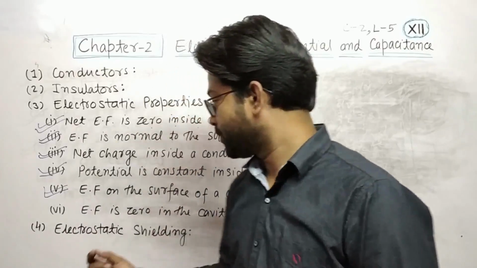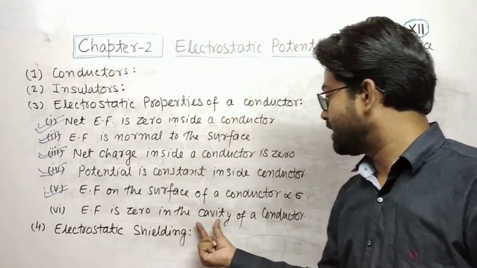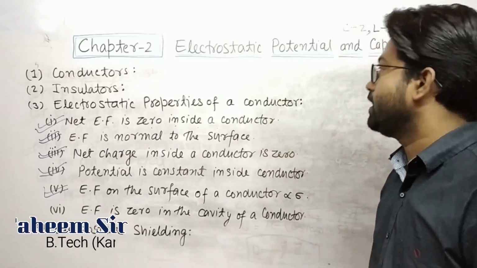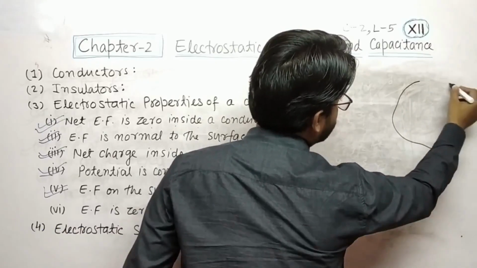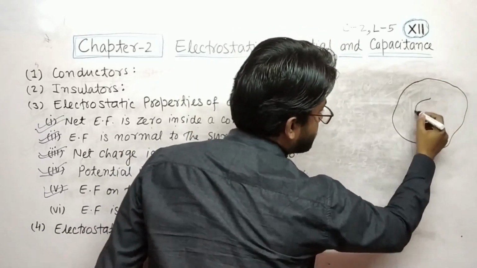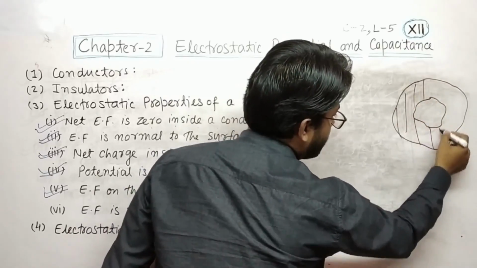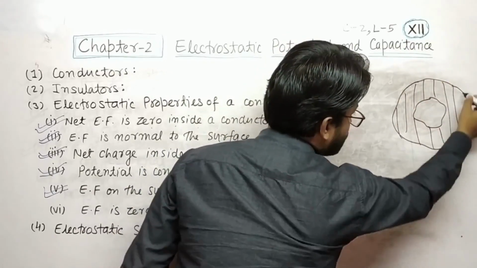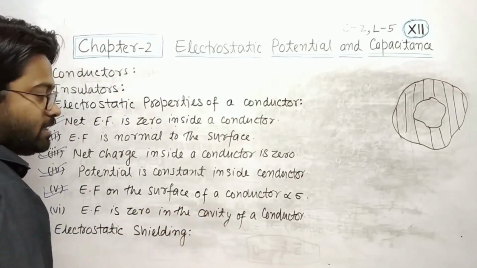Electric field is 0 inside a cavity of a conductor. Let us suppose this is a conductor, and this is the cavity of the conductor, and we need to prove the electric field is 0 inside the cavity.